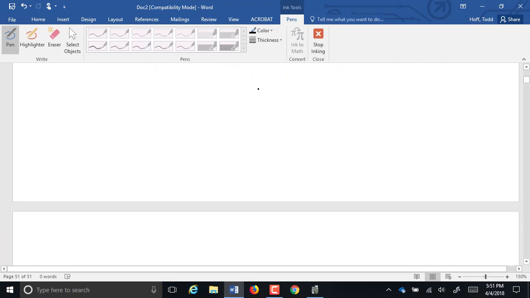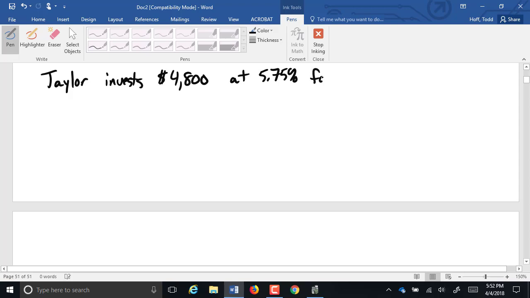One for you guys to try in your notes. Taylor invests $4,800 at 5.75% simple interest for 6 months.